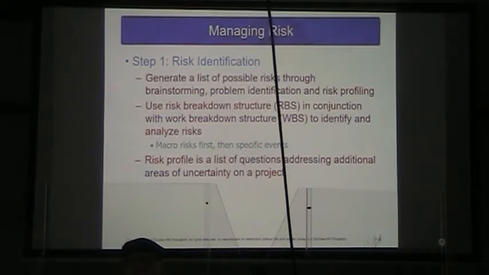We're going to use a risk breakdown structure in conjunction with our work breakdown structure to identify and analyze our risks. So we're going to look at each work package and say, does this work package have a risk that is unique to it or applies to several of our work packages across the board, and put that down.